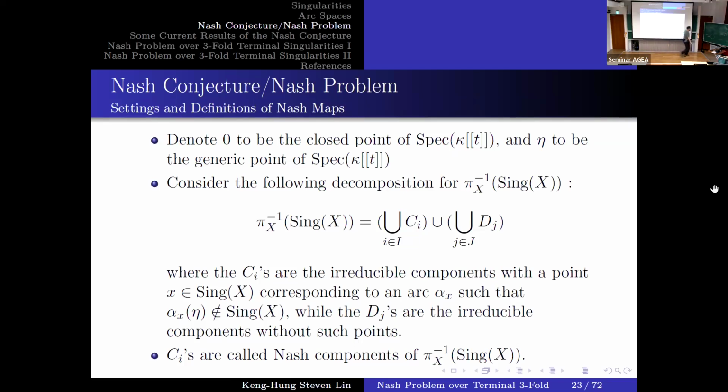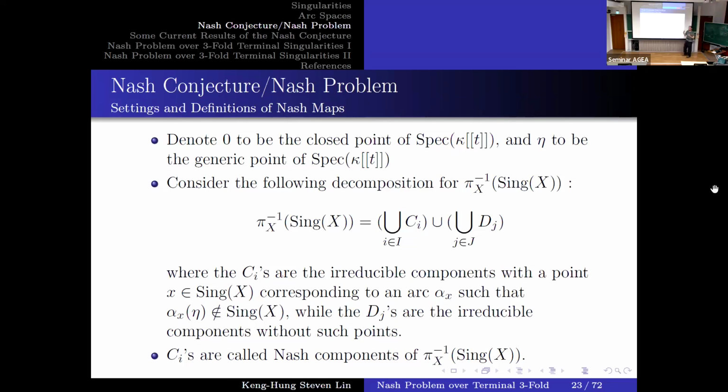Okay. Then what is Dj? Dj is something like this. If your singular locus looks like this, it is a curved singularity. Dj will contain arcs, maybe passing through the singular curve transversally, or they will be fully contained in our singular curve.